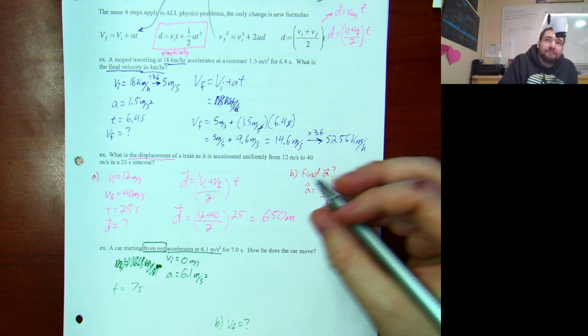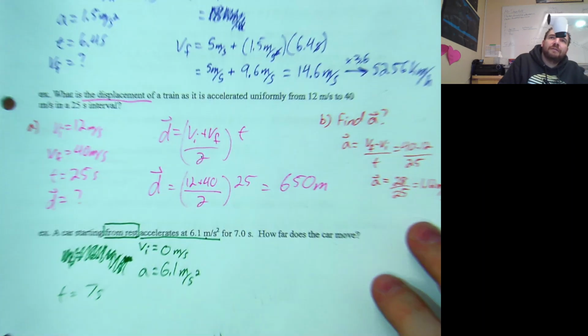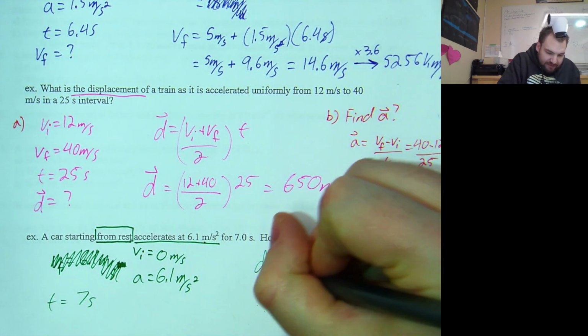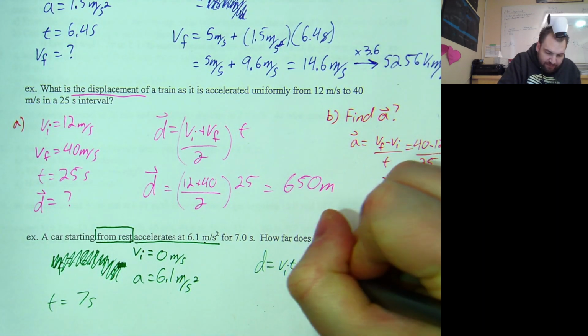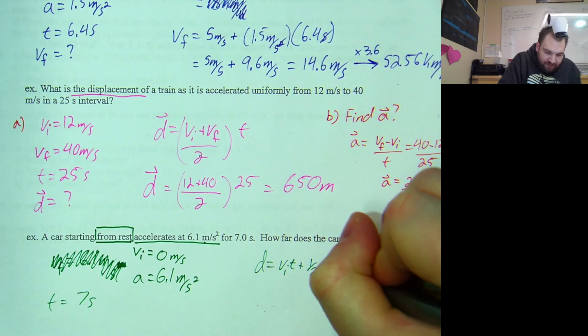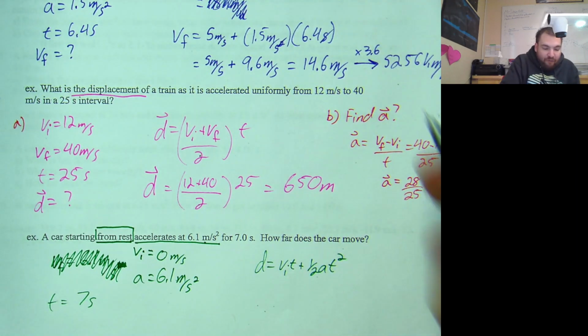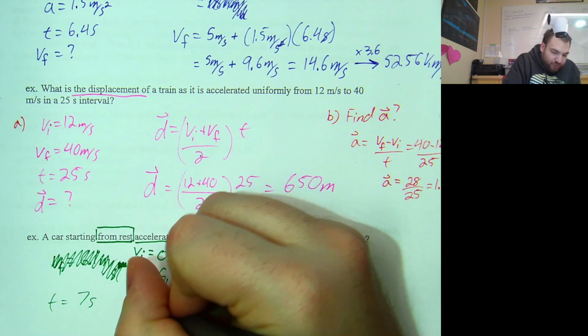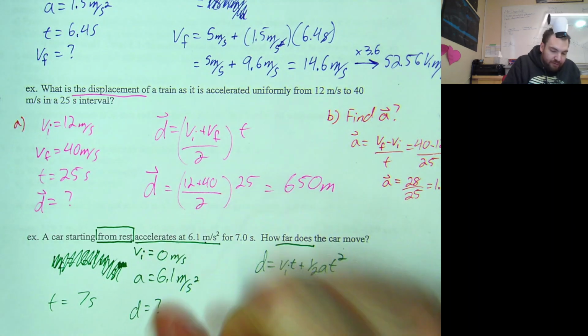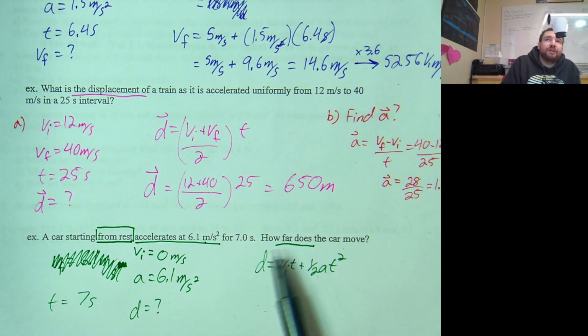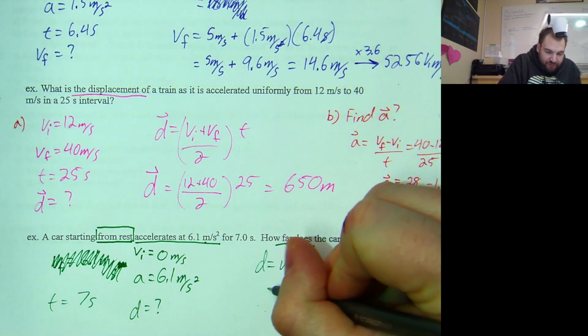So let's use it. D equals VIT plus 1/2 AT squared. And I want to find how far. This is the only equation that relates what I'm given. So my initial velocity was 0.